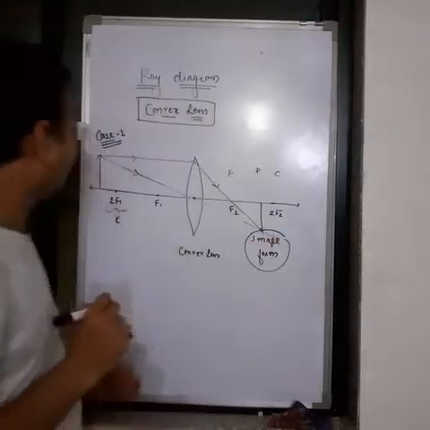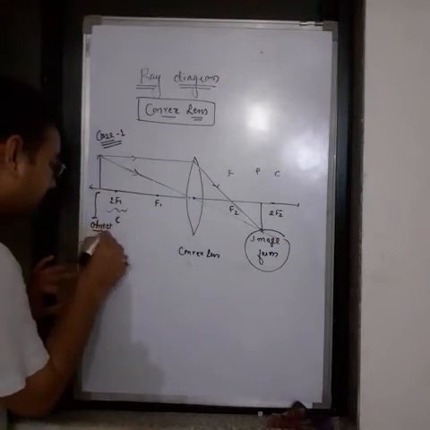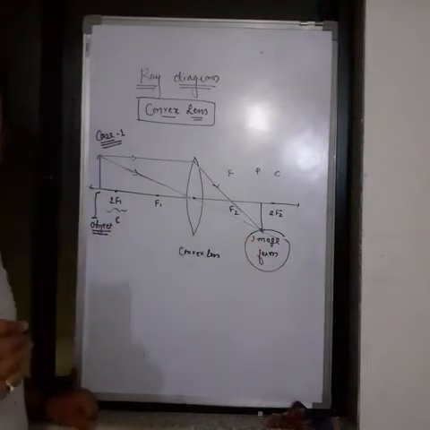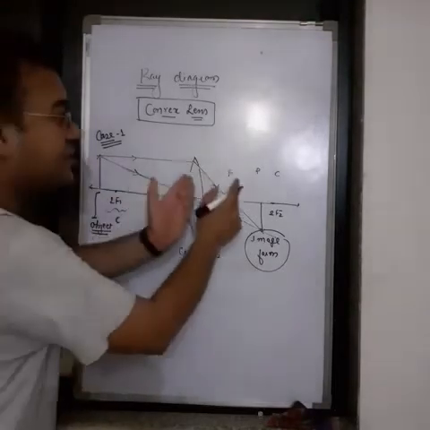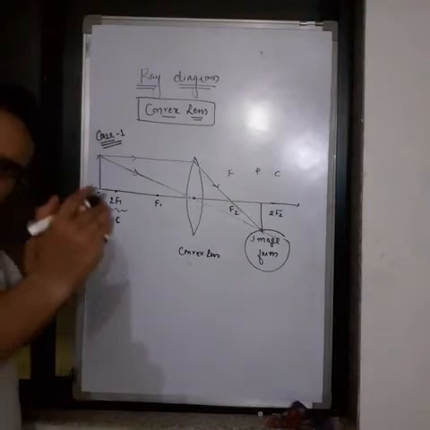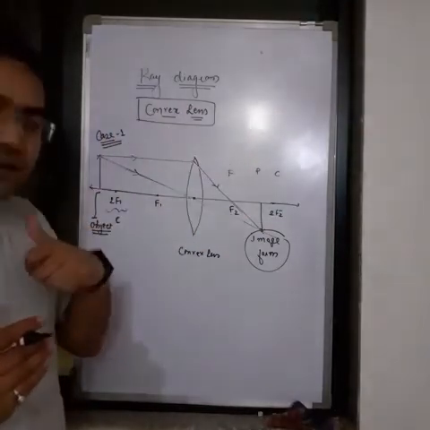Very easy. We can say that this is our object and this is our image. So when our object is beyond the C, the image is between C and F. Again, the same consideration we are going to take.